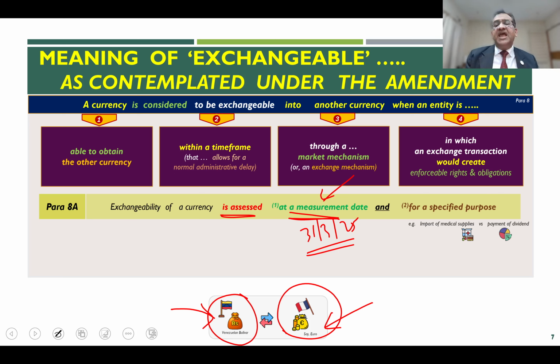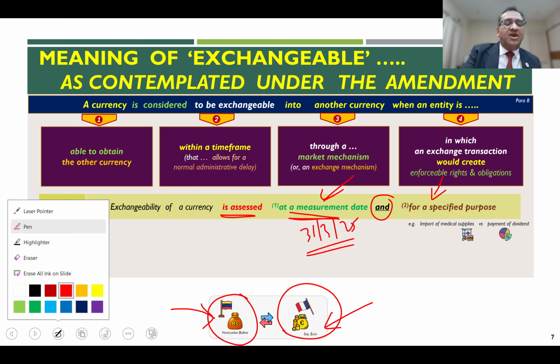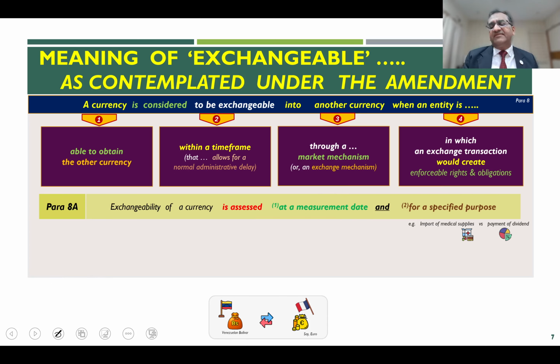The exchangeability has to be assessed on the measurement date, and the assessment has to be with reference to the specified purpose for which the exchangeability is needed. I also gave you an example in the last session: import of medical supplies versus payment of dividend, or import of capital goods.